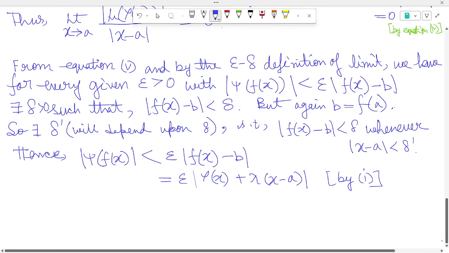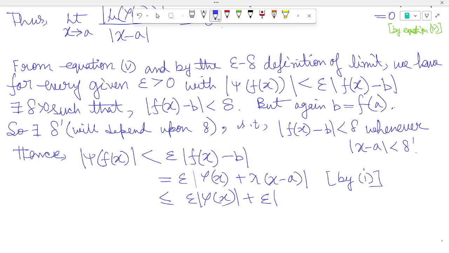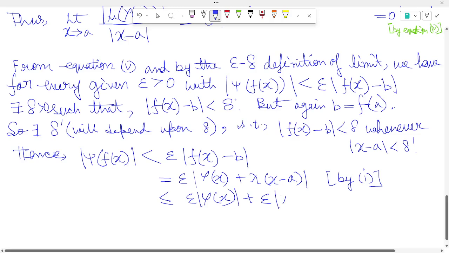Again by the triangle inequality, it will be epsilon psi x, modulus obviously, plus epsilon. Now for lambda, let me write it as epsilon of lambda minus this.